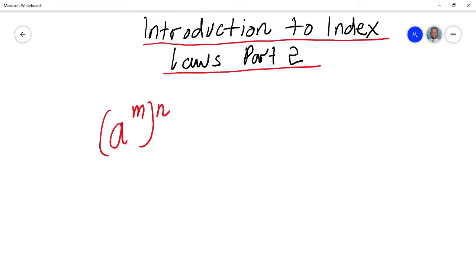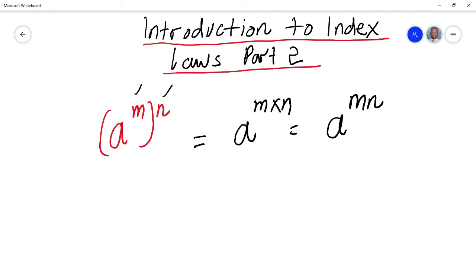What is that equal to? All you simply do is say that's a to the power m times n, which becomes a to the power mn. So literally what you need to do is multiply the power in the bracket, that's the m, and the power outside the bracket, which is n, and you're going to get a to the power mn.